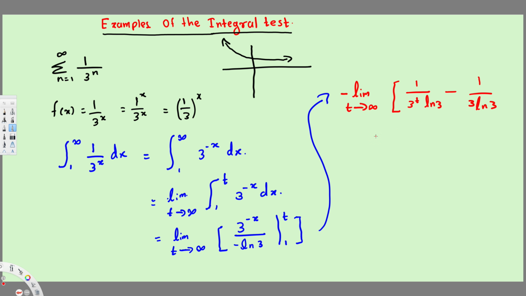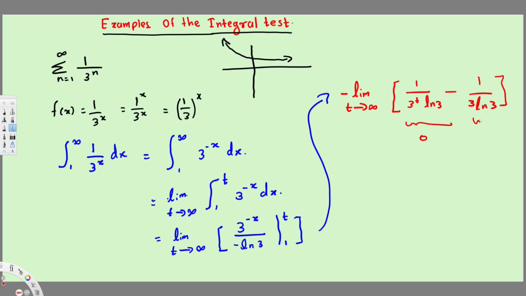Ln 3. And let's see what happens if we substitute the infinity for this one. If you notice, 3 power infinity, that's going to be a big value. So if you divide 1 by a big value, this is definitely going to be 0. And this value 3 ln 3 is not going to be infinite, it's going to be a finite number, right? Because 1 divided by 3 ln 3, we are going to get a number.